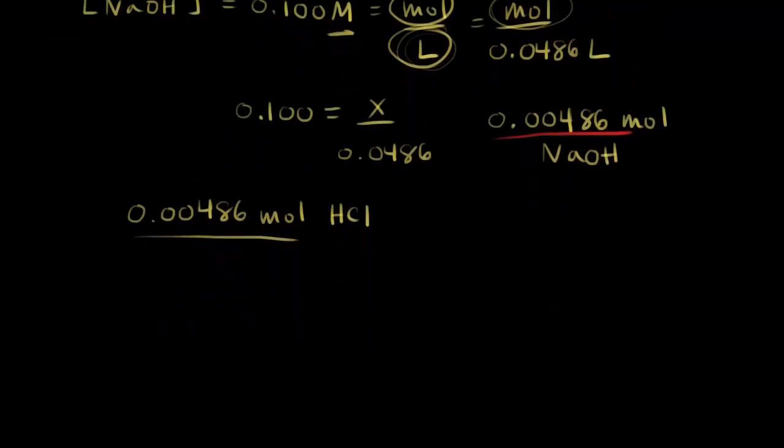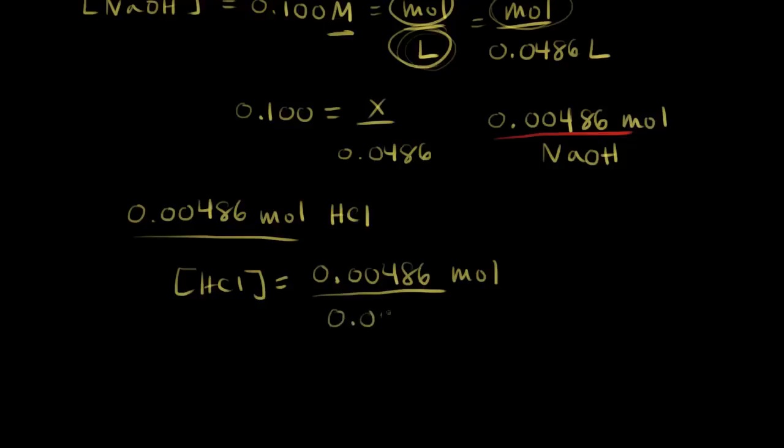So now our final step is to calculate the concentration of HCl. The concentration of HCl is equal to how many moles of HCl we have, which is 0.00486 moles over liters of solution. And we had 20 milliliters, which is equal to 0.0200 liters.